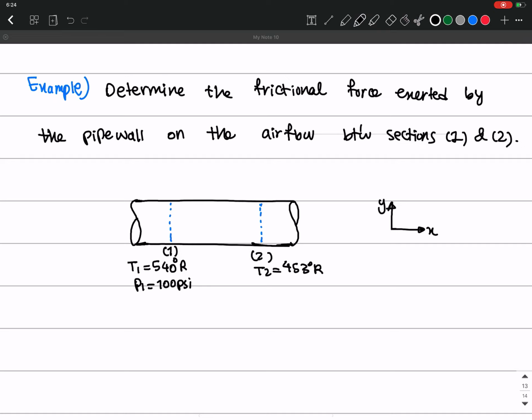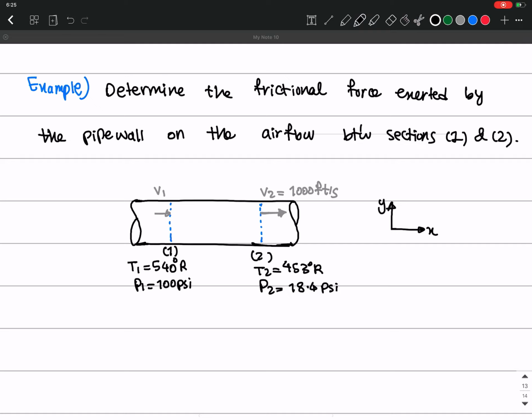So we have T2, and then we have P2, which is 18.4 psi. And V2 is given here as 1000 foot per second. And we have V1 here, which is not given, okay?